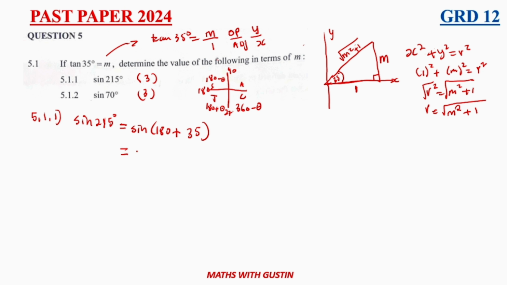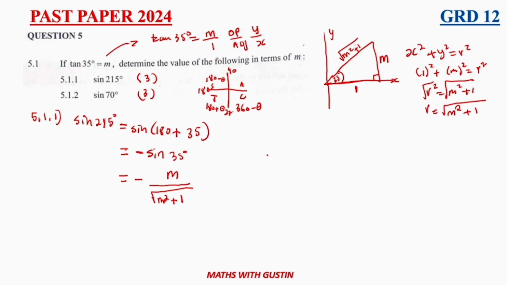It is negative, so we are left with negative sine 35 degrees. Sine is opposite over hypotenuse, so we have negative m over the square root of m squared plus 1.